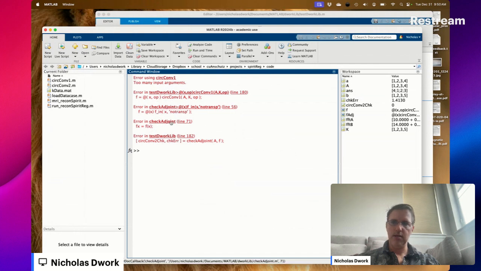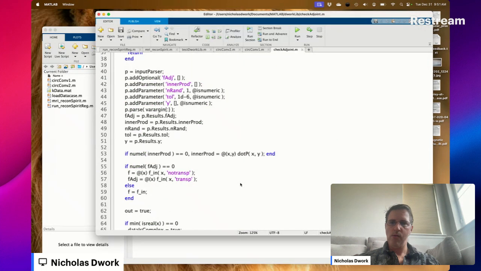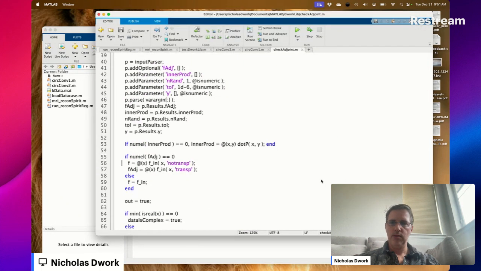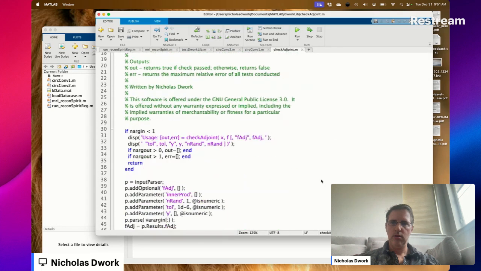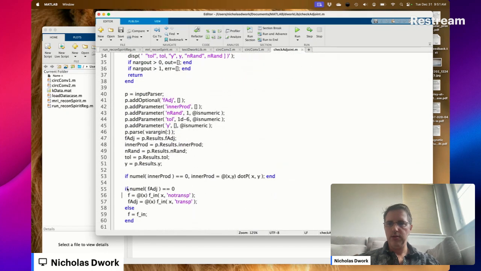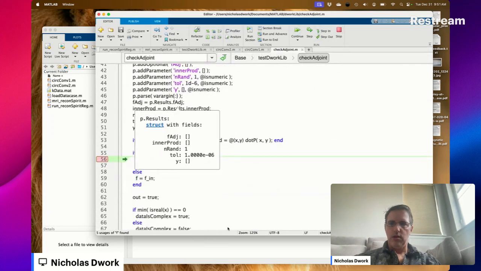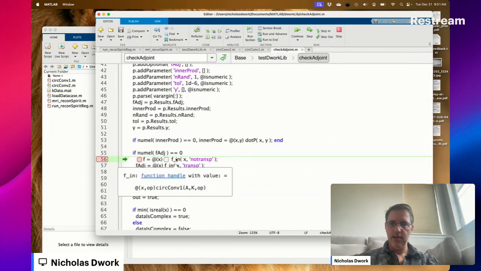Too many input arguments to what? I'm confused. So F here, F in, takes two arguments, right?